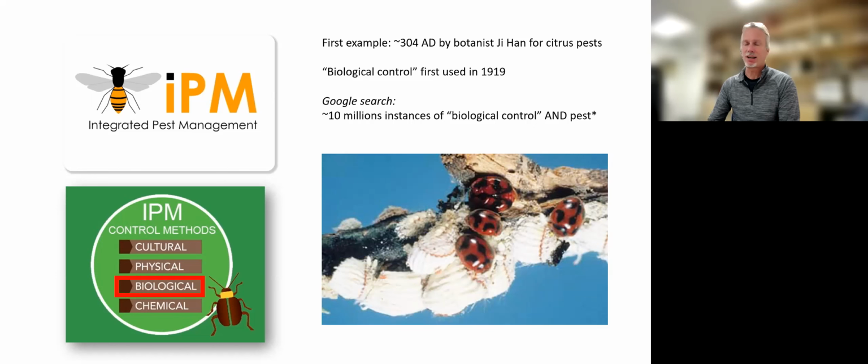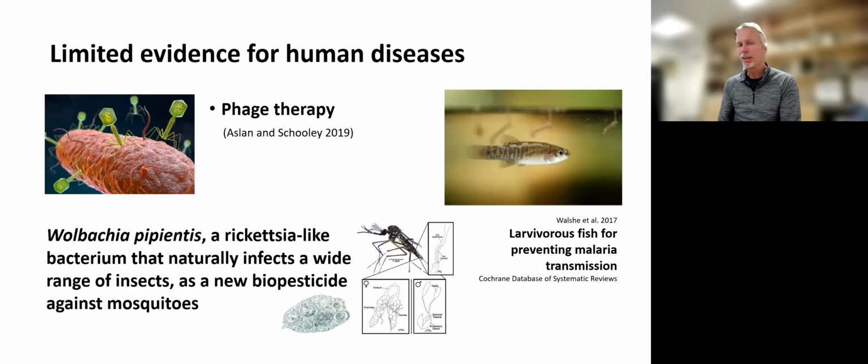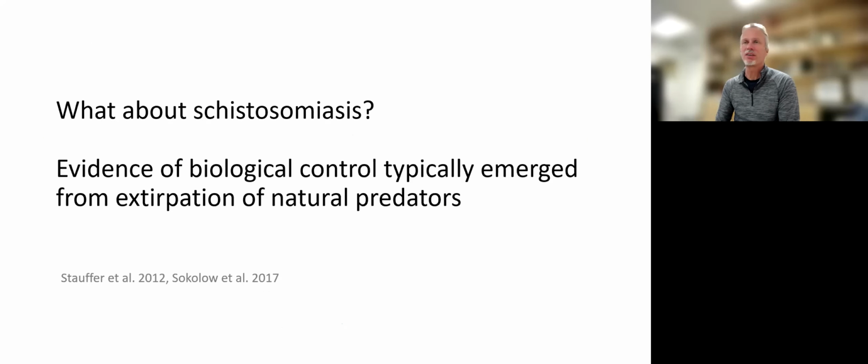So it's very well established, but there is much less evidence of effectiveness of biological control for human diseases. We are living a new renaissance of phage therapy. There's been a lot of discussion in the case of mosquitoes. We know it might work in the lab conceptually, but there are very few instances in which this has been shown to be effective in the real world.